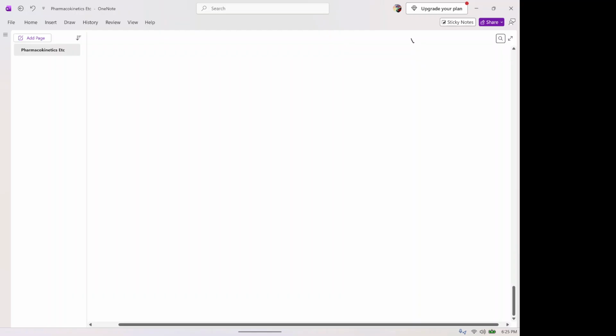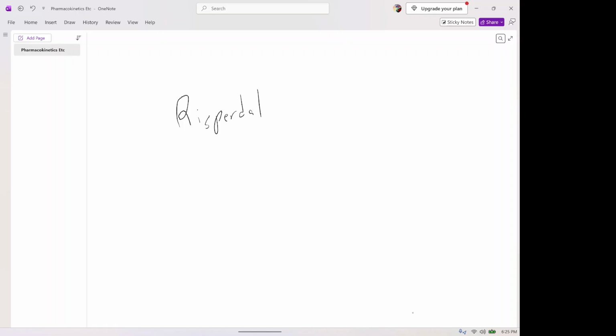Basically, I just want to end with a quick review that Risperdal has more antagonism to the D2 than Abilify per molecule.